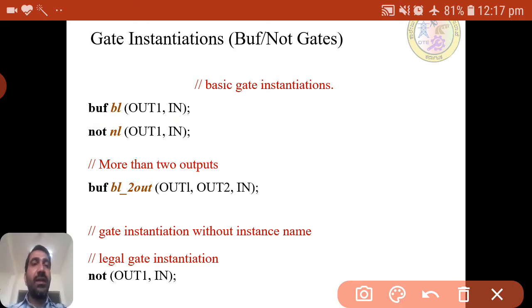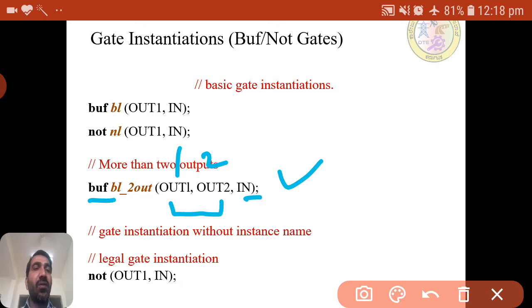As we have seen, a buffer can have one input and many outputs, so with output 1 and output 2 and one input, we can write the instantiation like this.